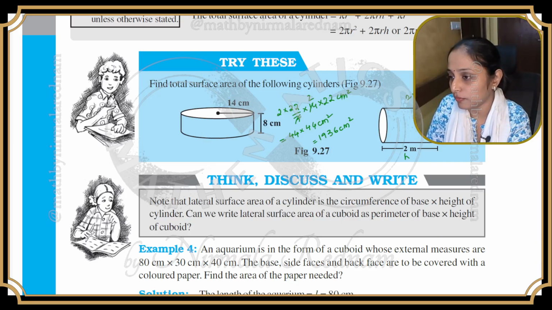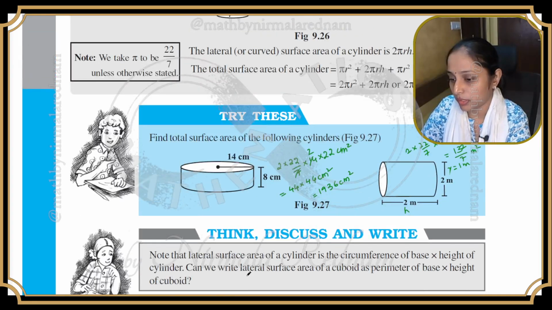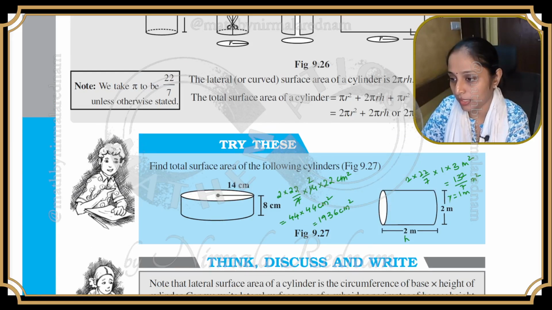So this is going to give you 6 into 22, 132 by 7 square meters. So here, let me scroll it down. It's not visible. A little further, right? Yeah, now it's fine.